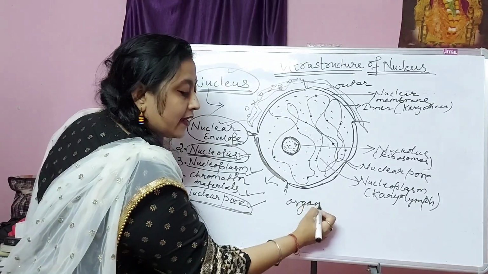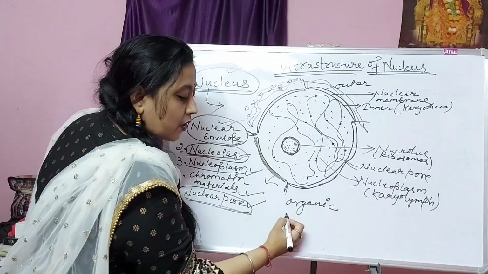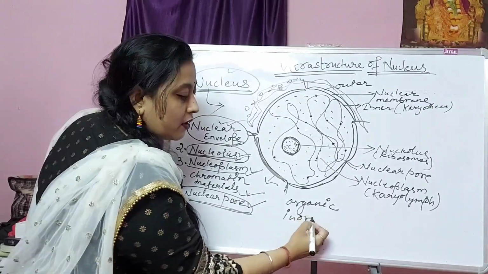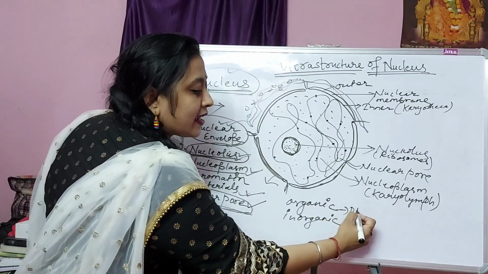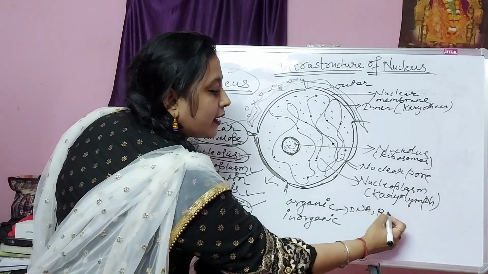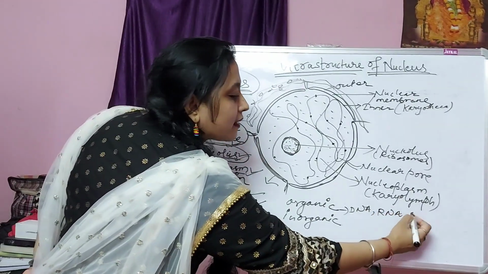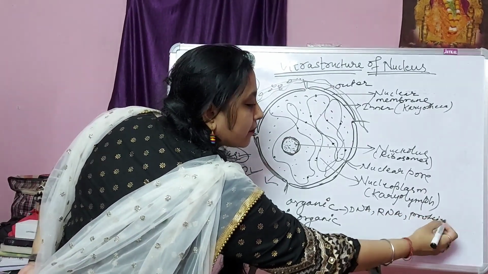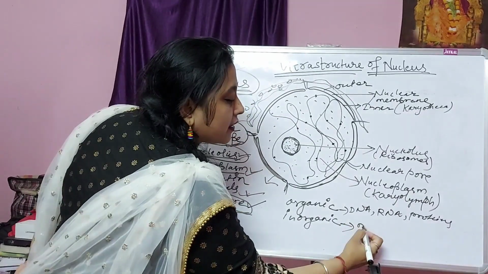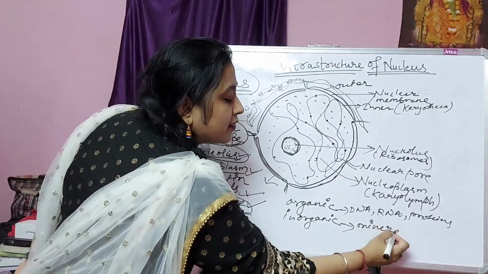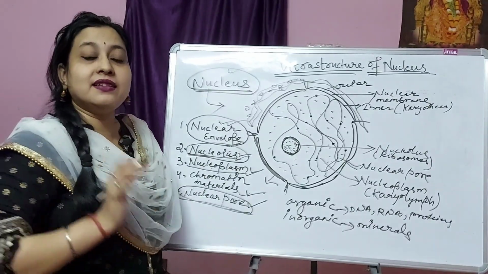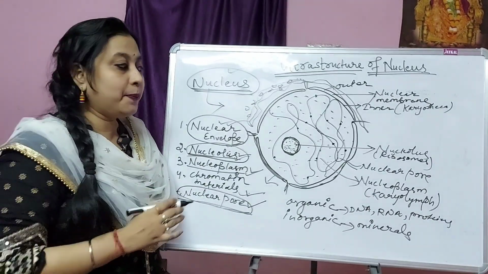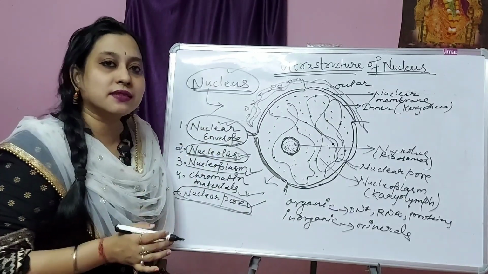Organic and inorganic substances. Organic substances like DNA, RNA, proteins, enzymes are there. It also contains some minerals. So in this way, the nucleoplasm contains the vital substances which help in synthesis of many things.